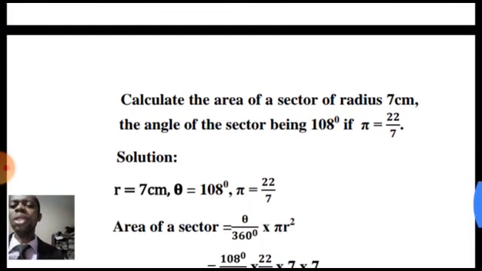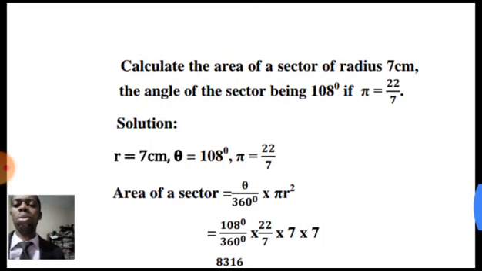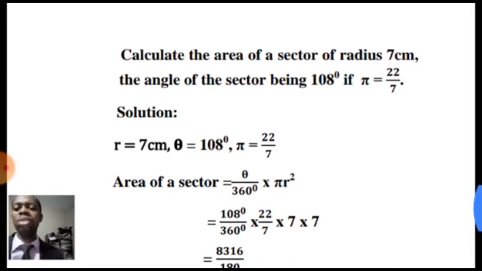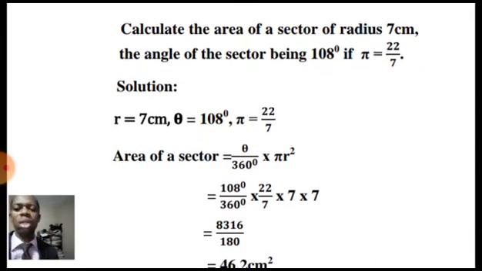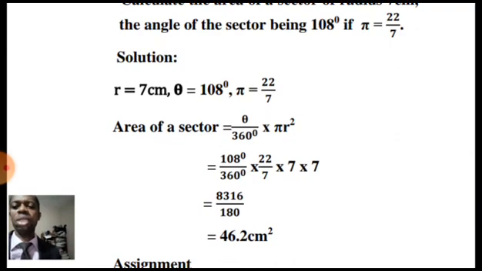Area of a sector is theta over 360 times pi r square. So when you substitute, it will become 108 degrees over 360 times 22 over 7, then times 7 times 7, which will become 8316 divided by 180, and that will give us 46.2 centimeter square.